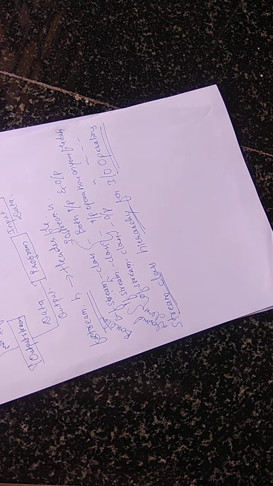Done? So now I'll show you one diagram. Just see that diagram and then we'll try to see the hierarchy. Okay, so first let me draw that hierarchy, then I'll explain how this hierarchy works for the input-output operations of your stream class.